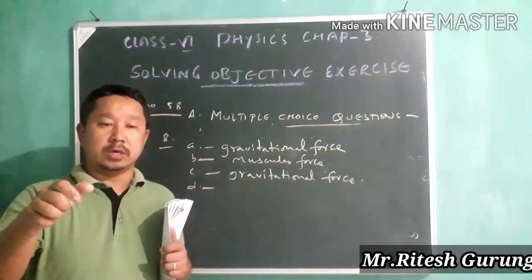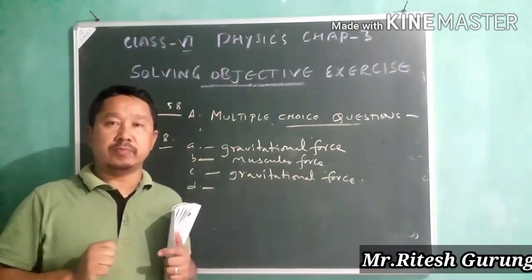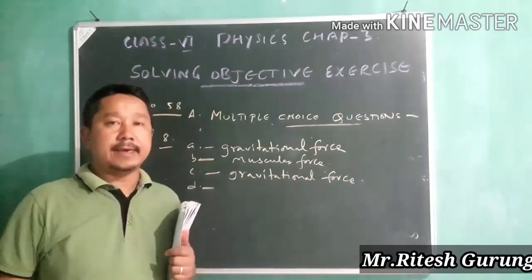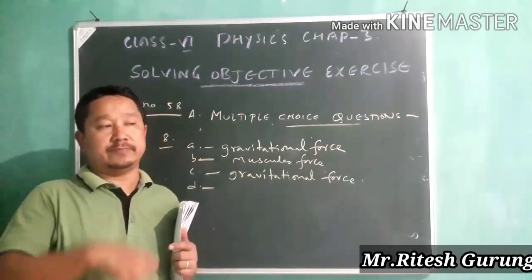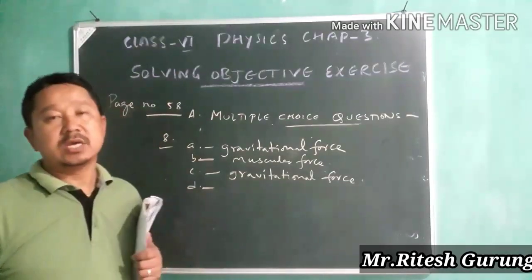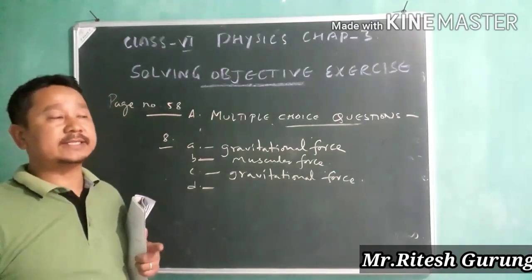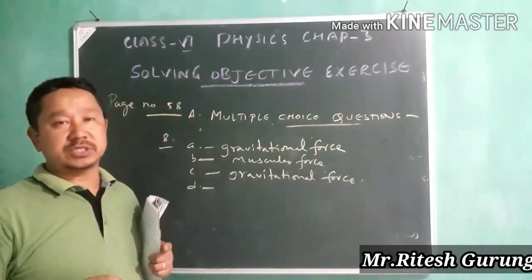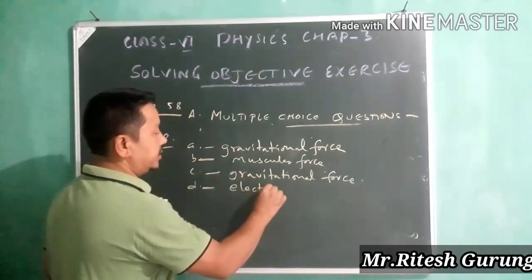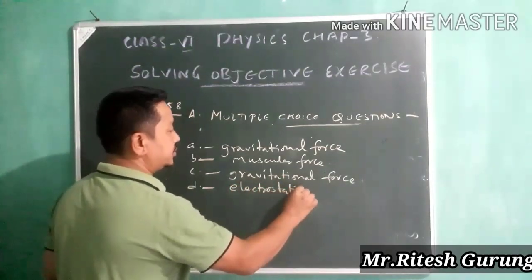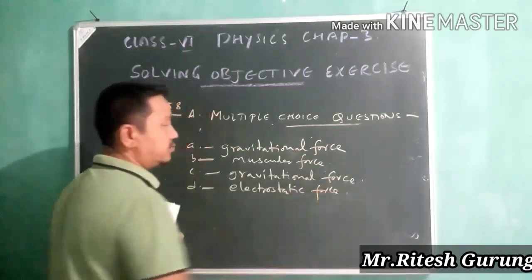When you rub a plastic comb on the hair and bring it close to bits of paper, the bits of paper are attracted towards the comb. Why? Because a kind of force is formed which is called electrostatic force. Electrostatic force. Alright, electric force.